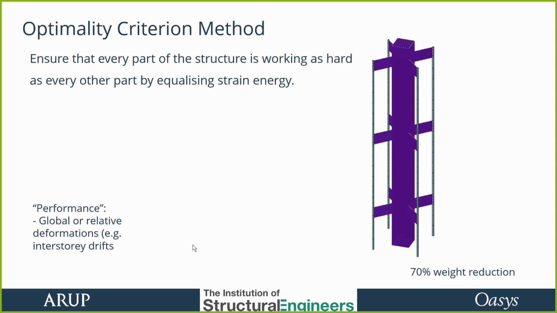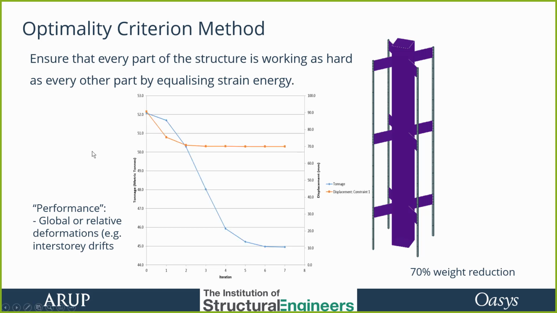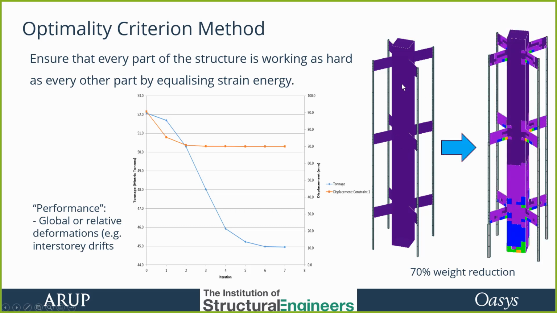So what we're doing here is we want every part to work as hard as every other part by using the strain energy, and then we can adjust the strain energy in all the elements together to optimize for the deflection. And here's a result of this exercise done on this mega column braced core.